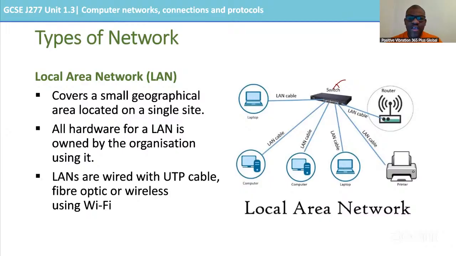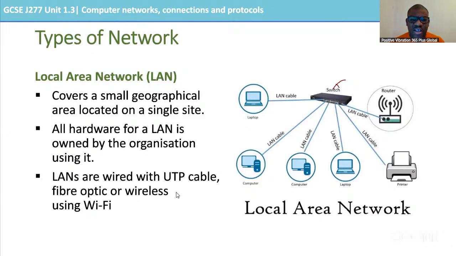Cool? Now I'm going to move on to the next one. So the next picture with the globe, with the computers going around, is meant to imply a wide area network. And I gave an example of that, which is the internet, which is showing different devices connected together globally or over a large area.